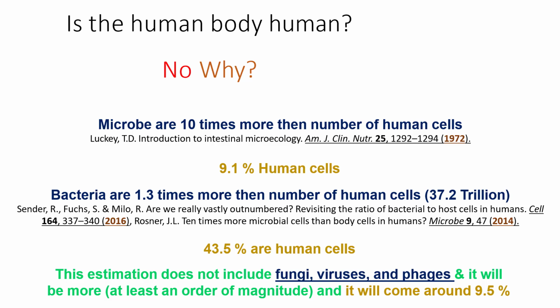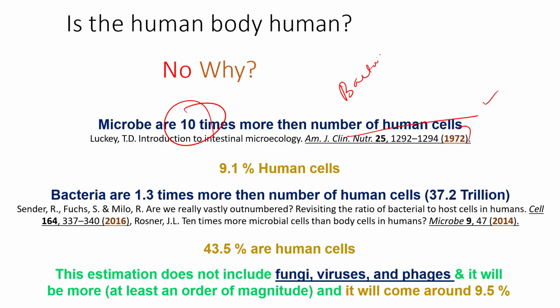So what the professor talked about is that multiple papers suggested there are n number of microbes in the body. The paper in 1972 said bacteria or microbes are 10 times more than the number of human cells.